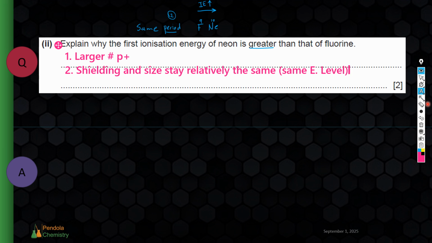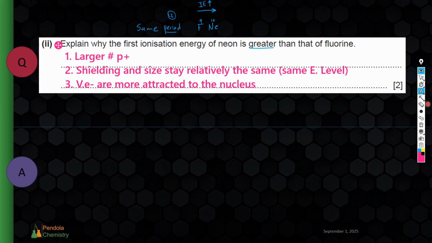And then finally, we have to talk about attraction. Electrons, or valence electrons, let's put it that way, are more attracted to the nucleus. The electrons are more attracted to the nucleus because of that increase in nuclear charge.